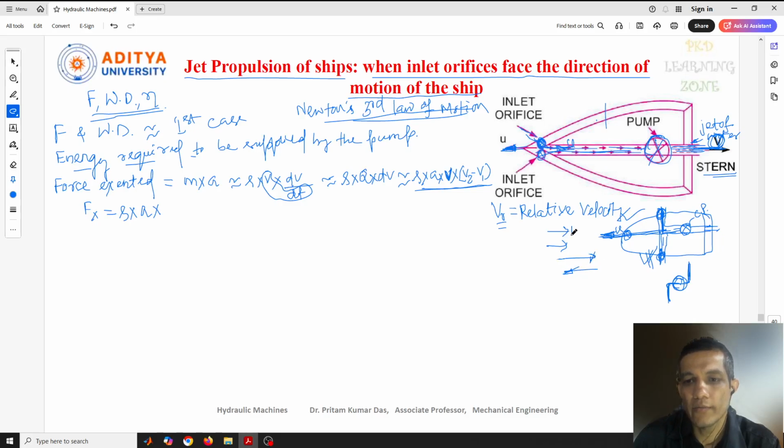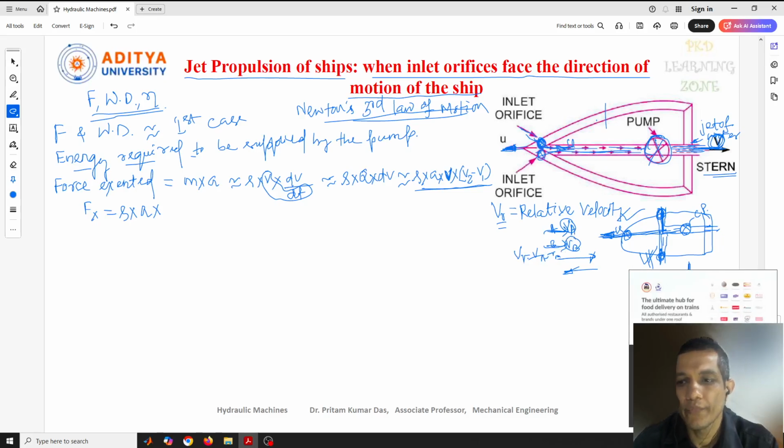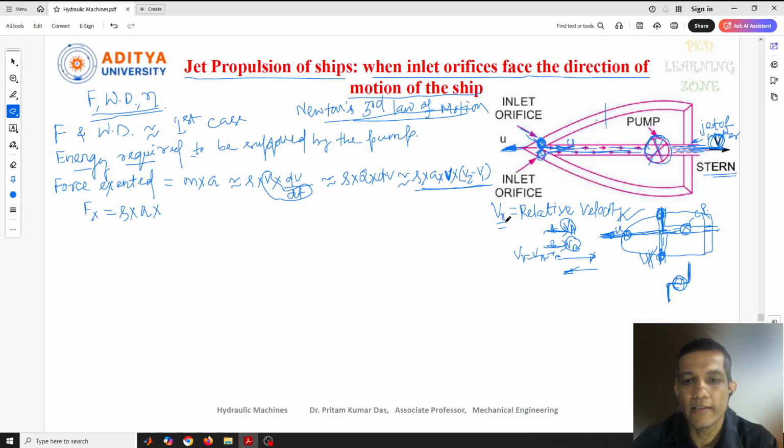Suppose the body A is moving with a velocity VA and the body B is moving with a velocity VB. Then the relative velocity between them is VR equal to VA minus VB, that is, the relative velocity of A with respect to B.